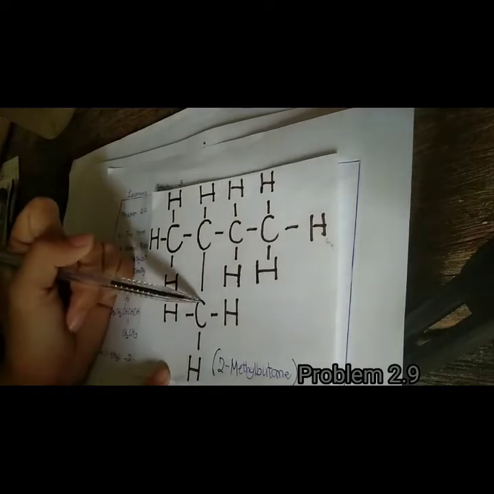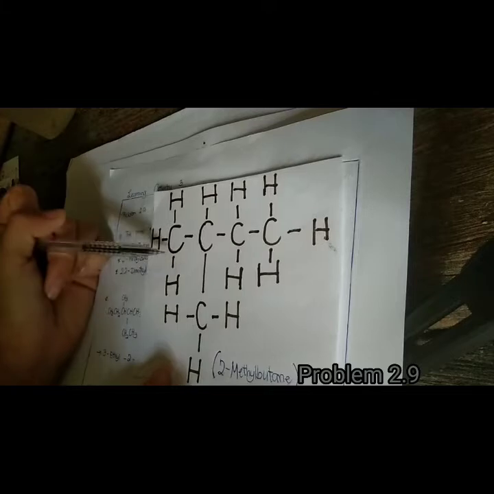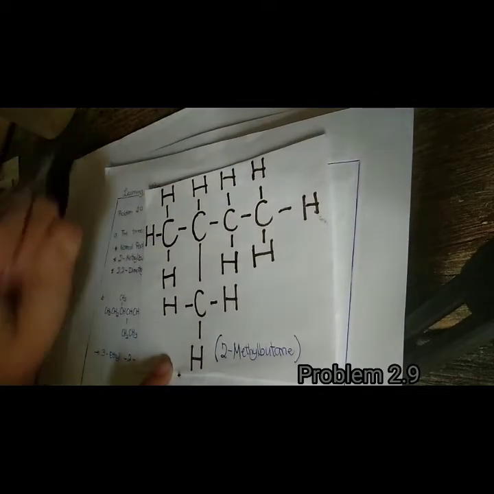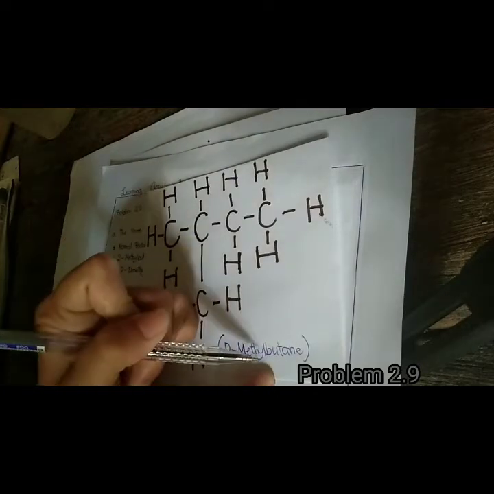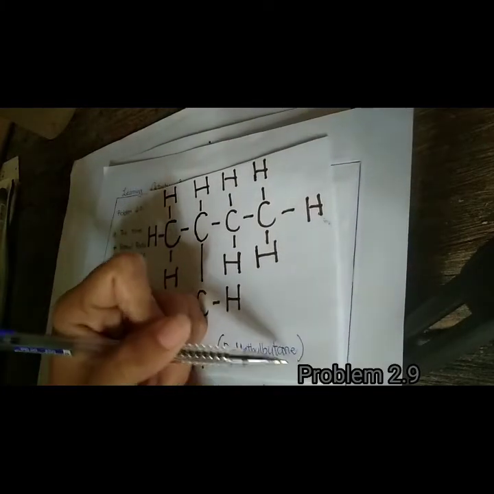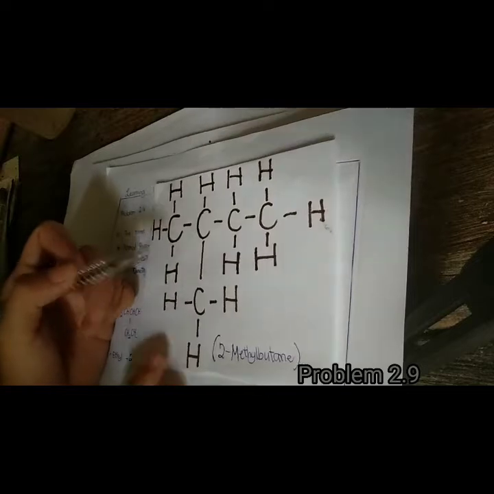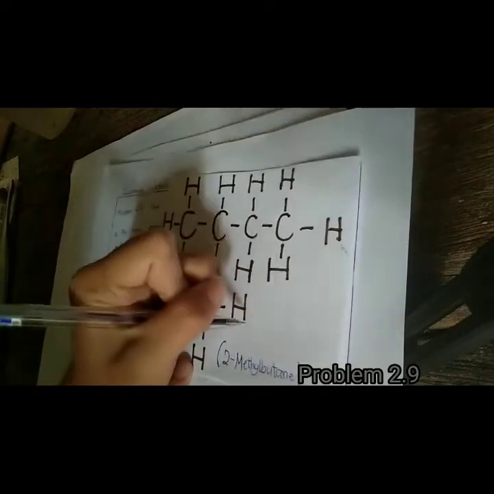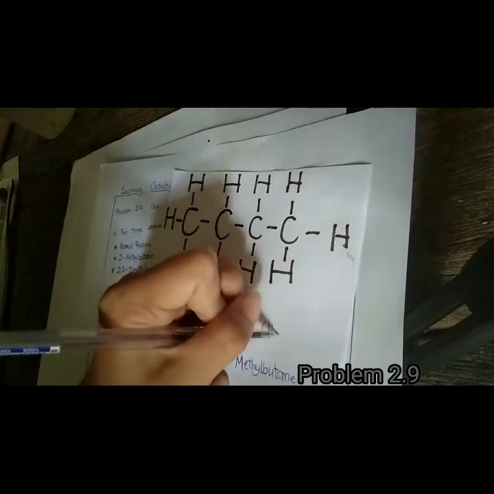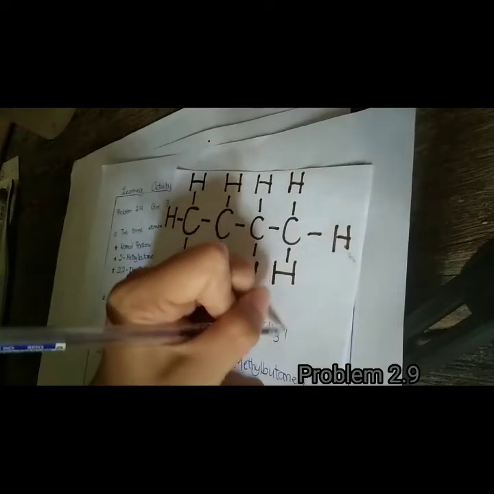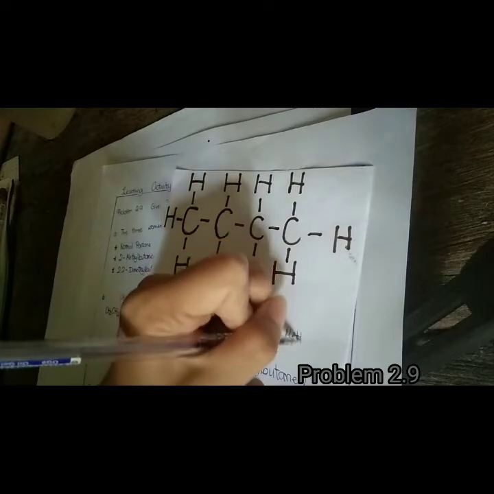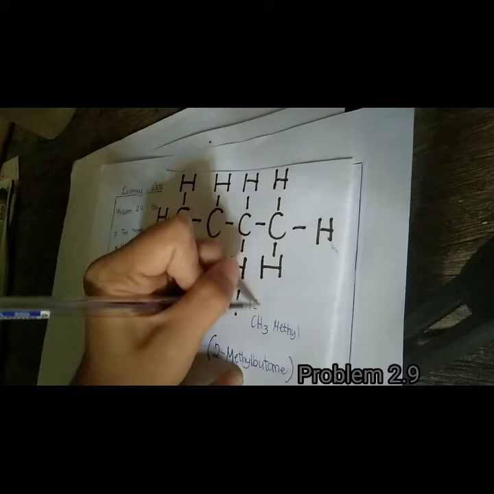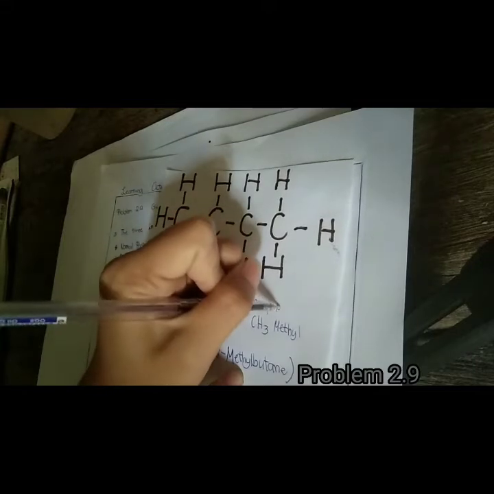There is also 1 carbon here, but the 4 carbons is the longest chain, so that is called butane. The parent name is butane. It is methyl because CH3 is methyl.